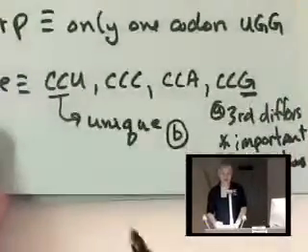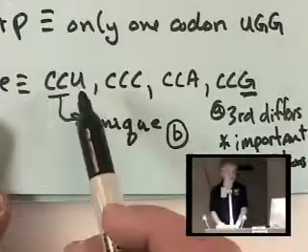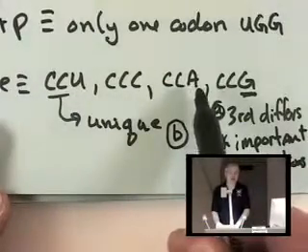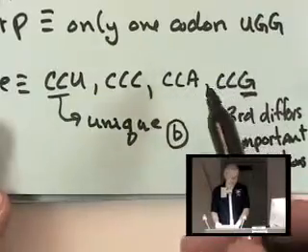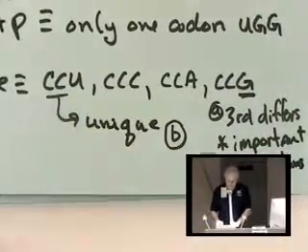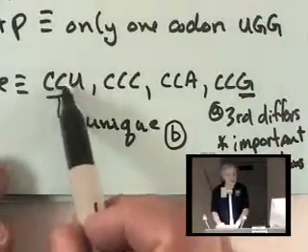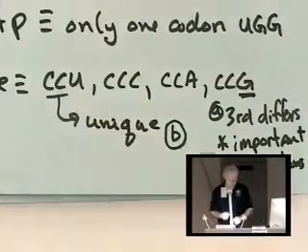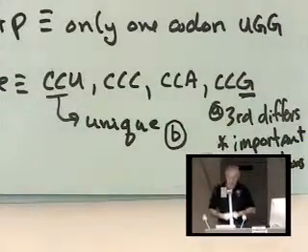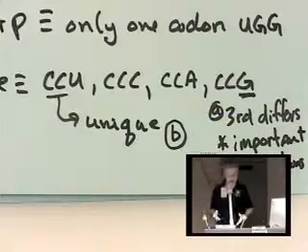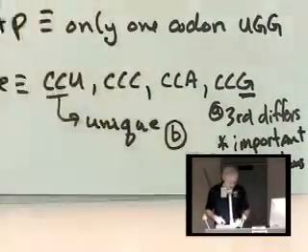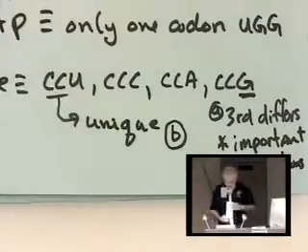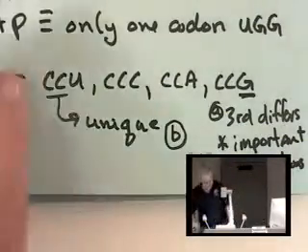Because if a codon in a gene is originally CCU and there's a mutation and it's replaced with an A, you don't change the amino acid. But if you change any of the first two, then either one of them or both of them, then you will change the amino acid in the protein for that codon. So that's what's important about that level of discussion there.